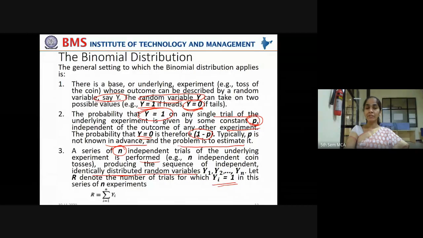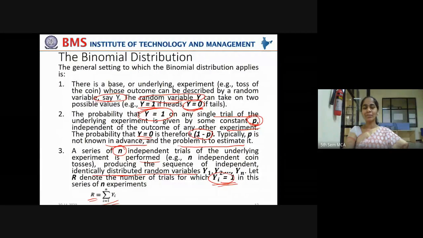Now we are interested in only heads. So let R denote the number of coin tosses for which you get heads in this series of n experiments, n coin tosses. Then how do you calculate R? It is nothing but the sum of all the outcomes where it is head.